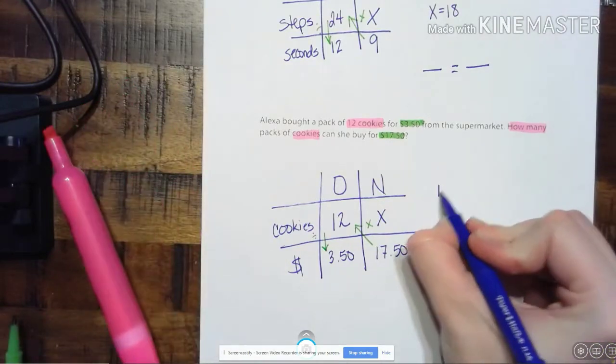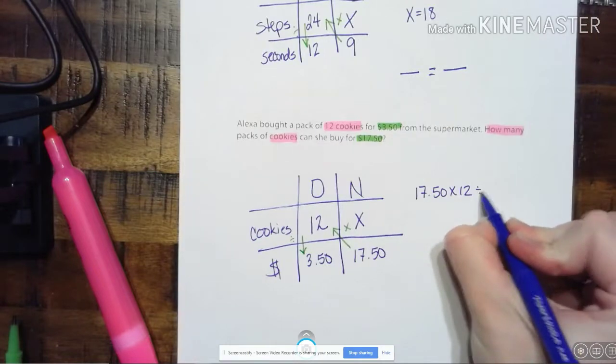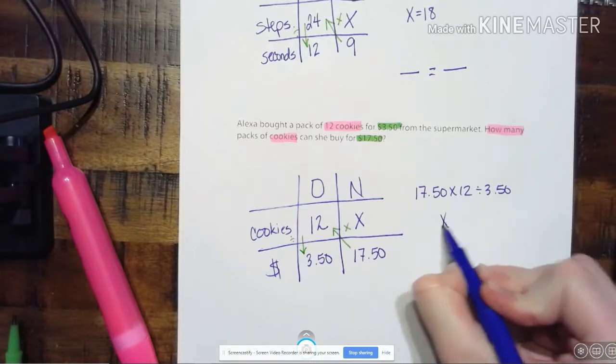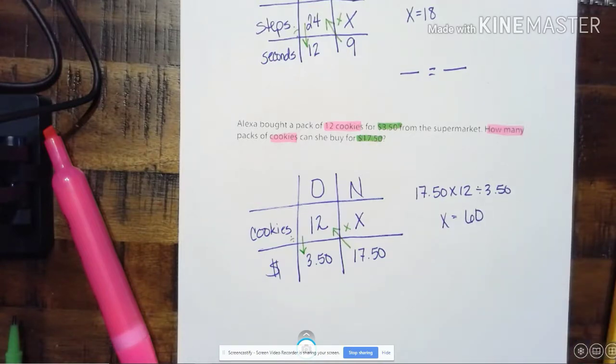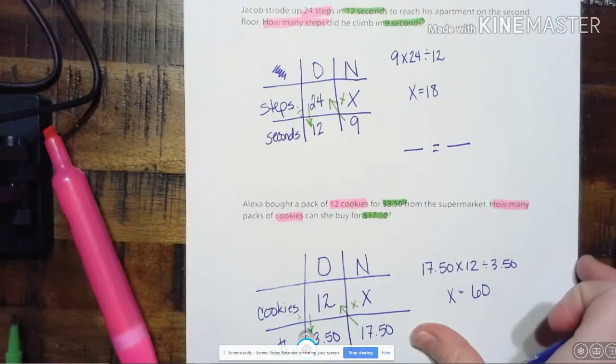So I would have $17.50 times 12 divided by $3.50. And I would get X equals 60.